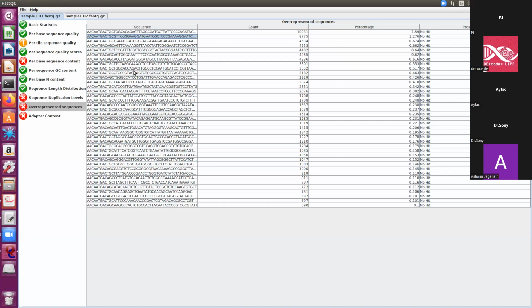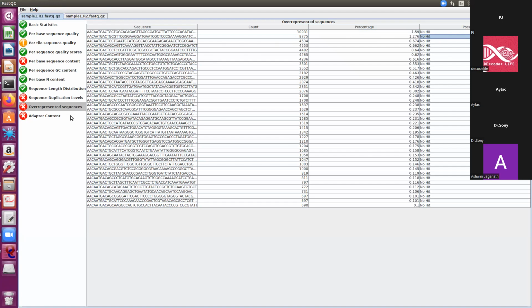If it is present, then we will remove it in the trimming step, before going to the further steps. This software also counts the number of such overrepresented sequences. It also counts the percentage, and it also gives the possible source if it can. But here it didn't find any possible source, so it doesn't give one.